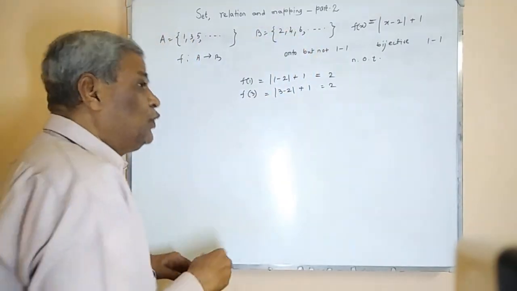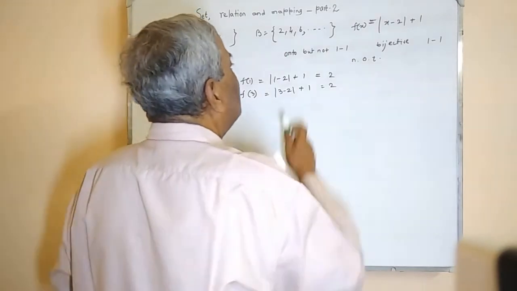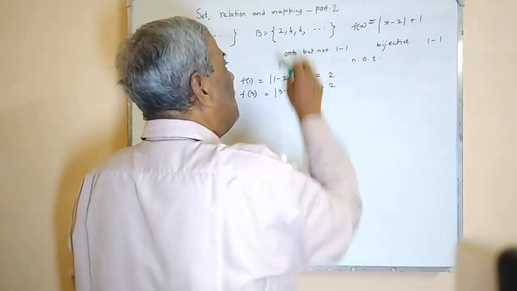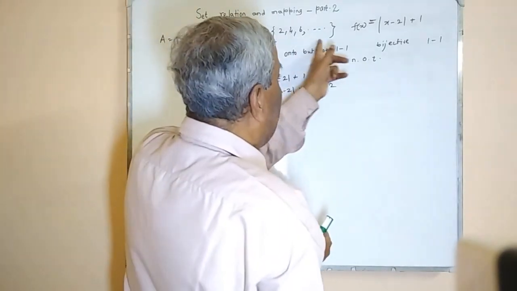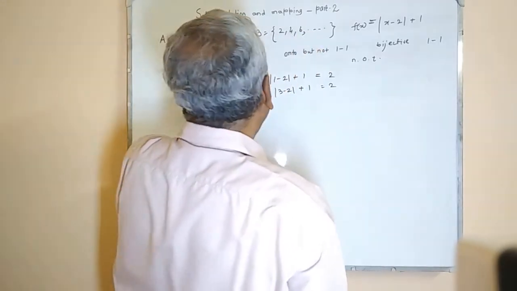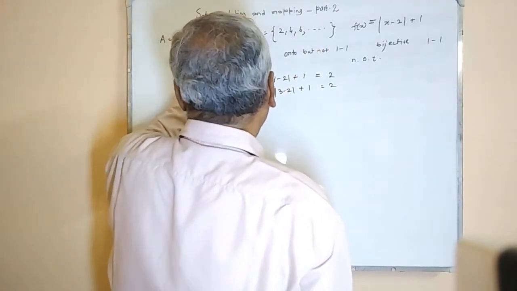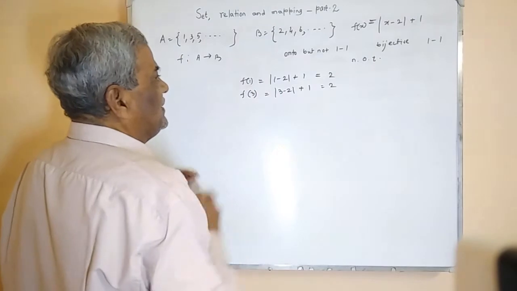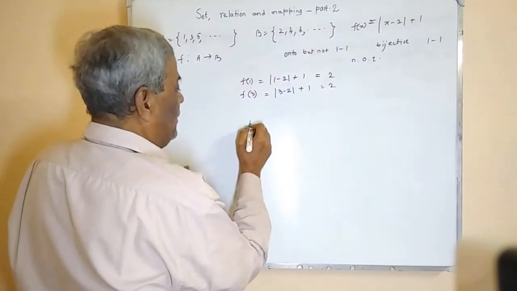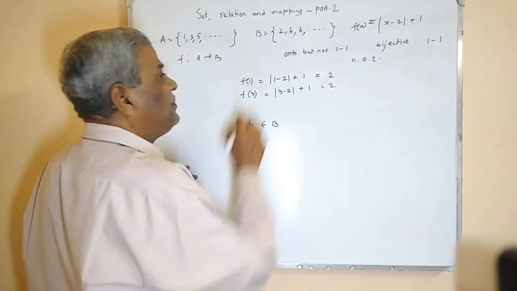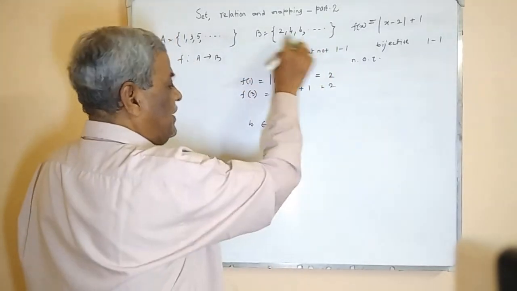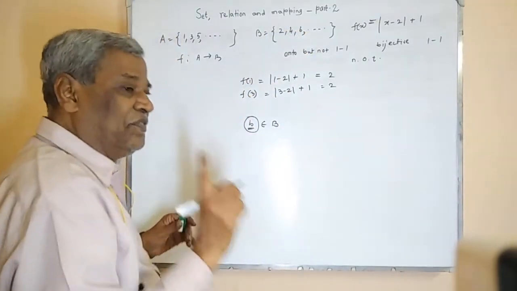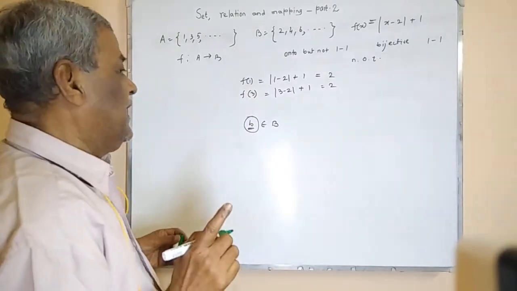Onto means in set B, we have to prove that every member must be the image point of one or more of these. For that purpose, let us take b as a member of B. That is, b must be an even positive integer.